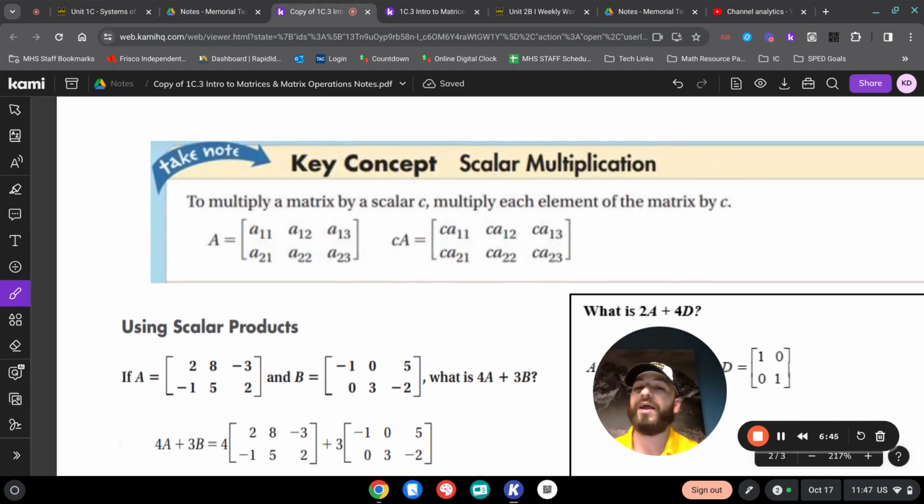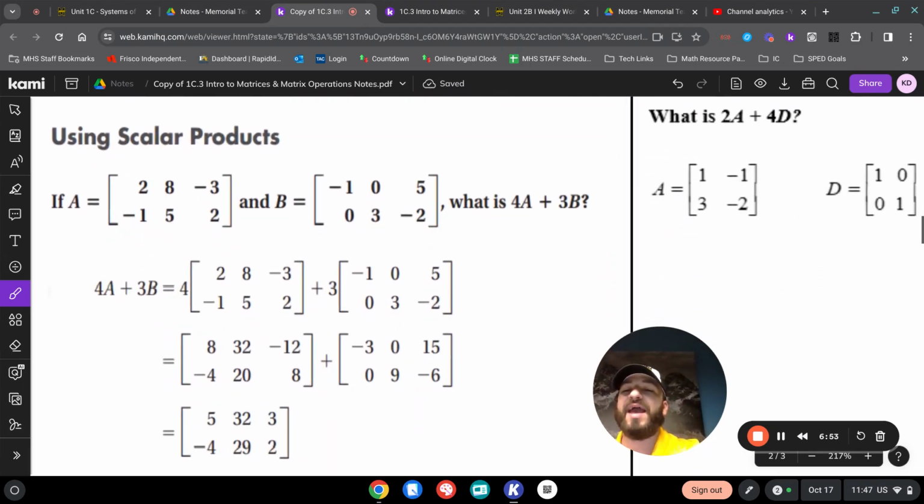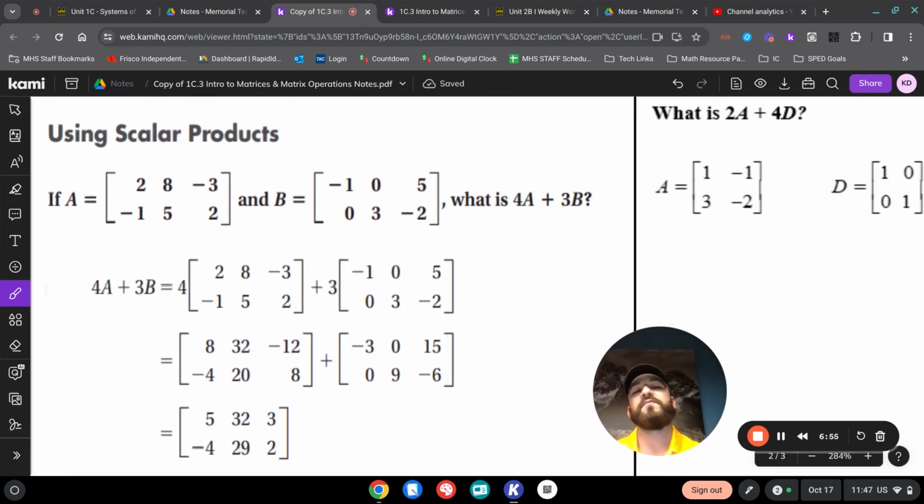If I multiply a matrix by a scalar, I just multiply every single term inside of that matrix by that scalar. So if I have matrix A and matrix B, and I wanted to find 4A plus 3B, the first thing I would do is multiply every single term inside of each of those matrices by that scalar.